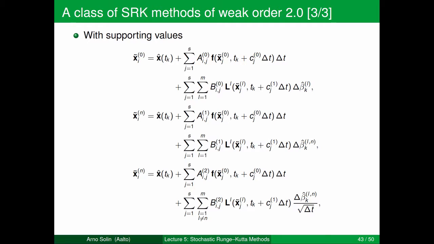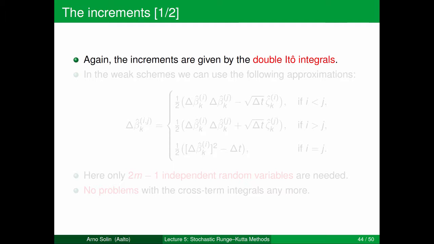The supporting values are required to be calculated through the use of the table values, and in this higher order method, even these become quite complicated. The weak order schemes are, however, quite nice to work with because the double Ito integrals are now easier to work with.